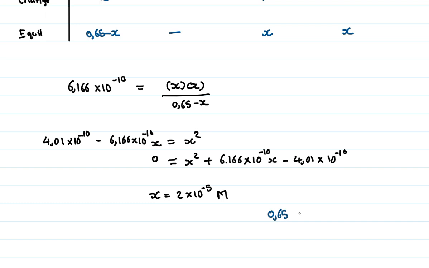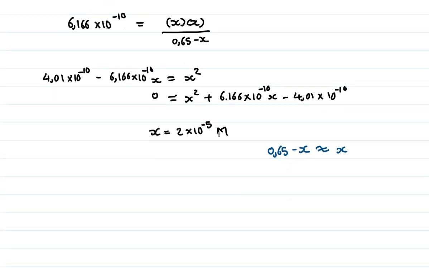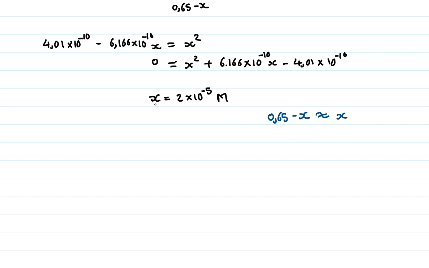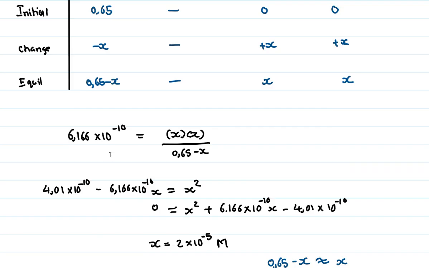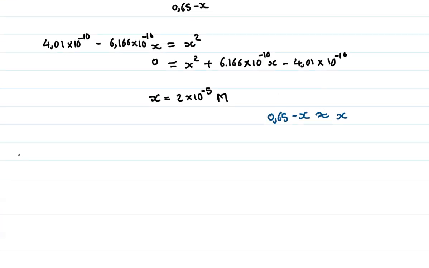If we do not make this assumption, it will give us a solution that the percentage dissociation of hydrogen cyanide is complete, which is not correct, because hydrogen cyanide is a weak acid and it does not dissociate completely. So let me demonstrate here.